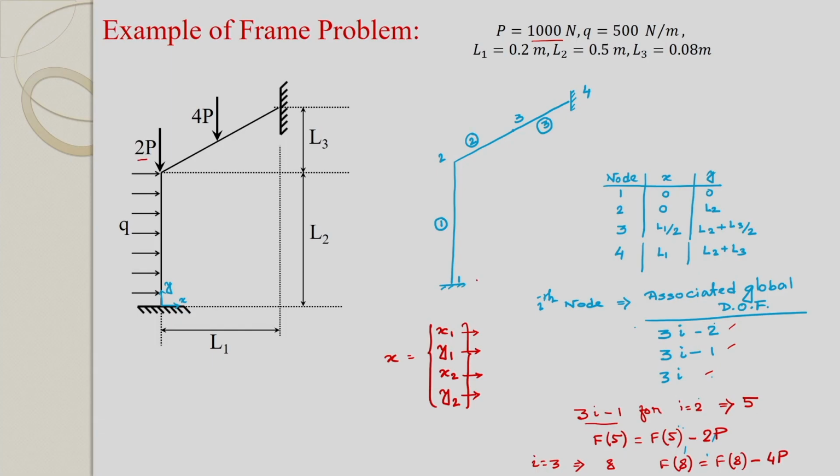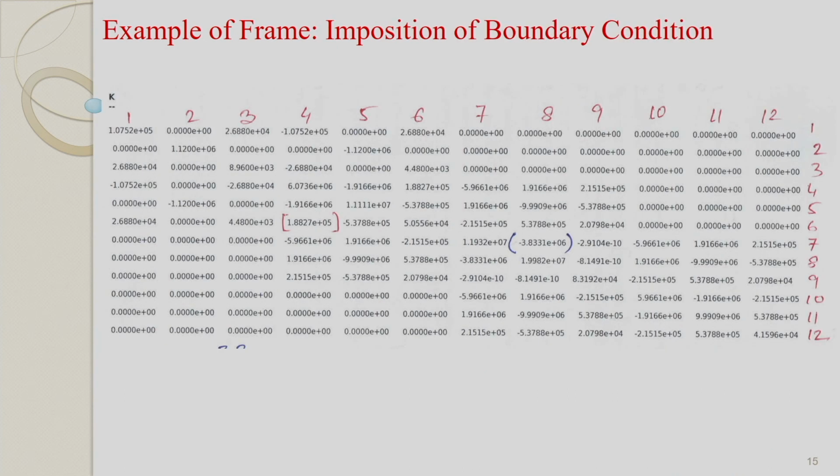So, associated degrees of freedom are 1, 2, 3 and 10, 11, 12. So, all these degrees of freedom will be 0 for fixed boundary condition. Therefore, we have to eliminate 1, 2, 3 and 10, 11, 12, this row and this column.